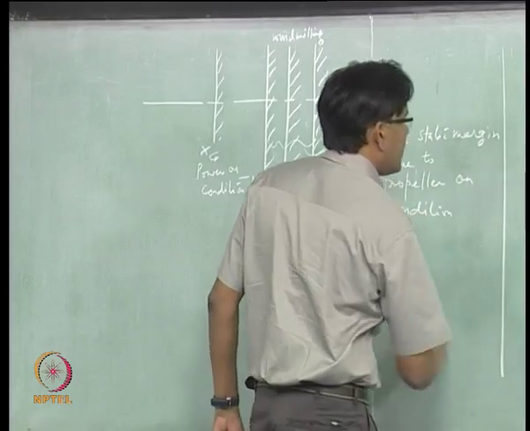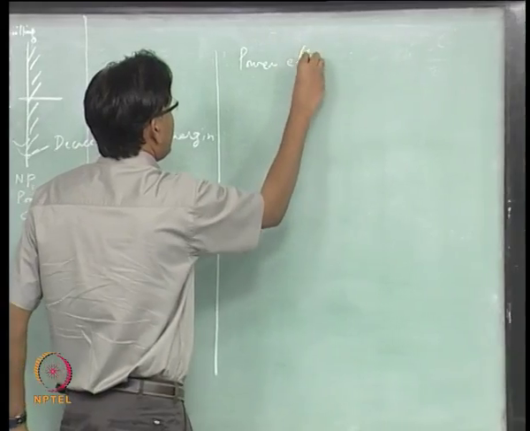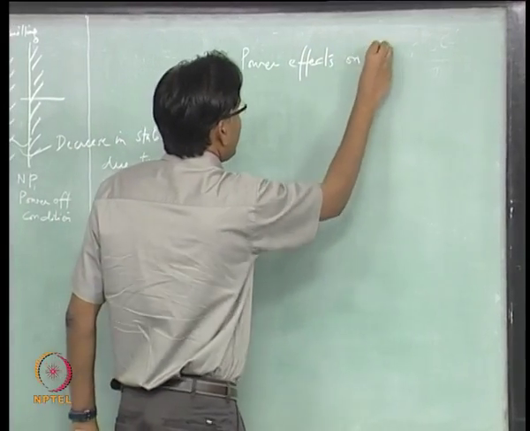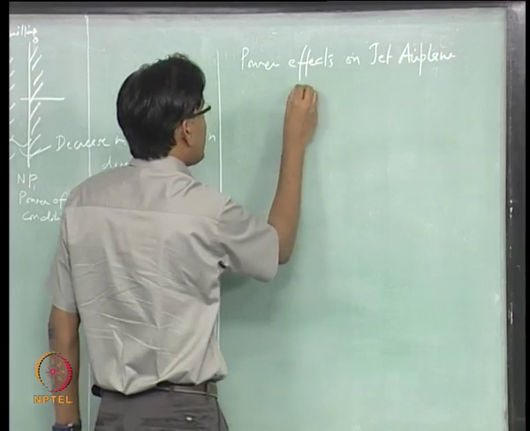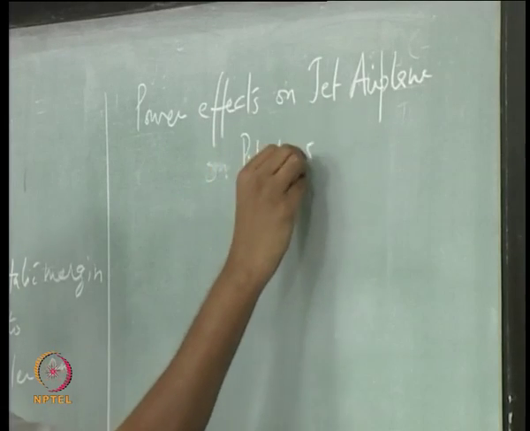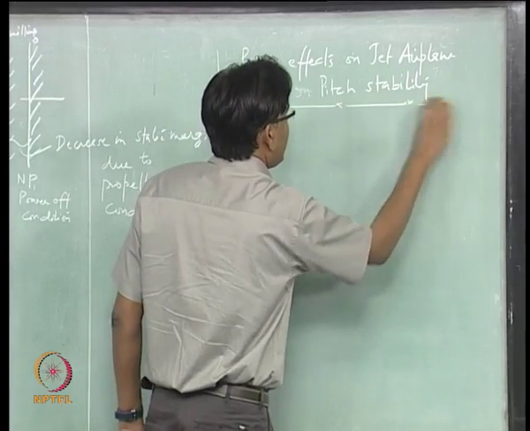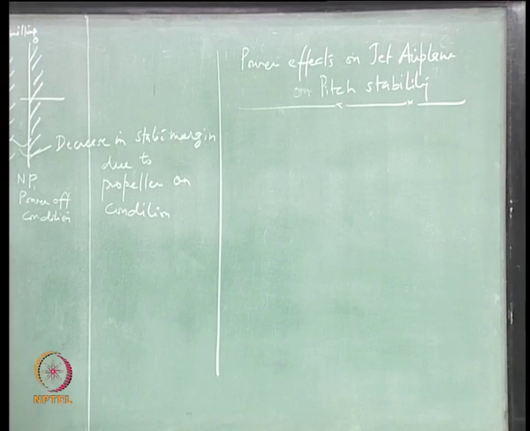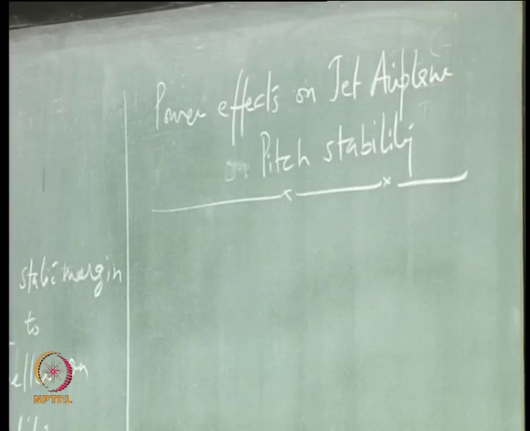Now, let us look at the effect. Main effect because of the propeller was due to the flow field which gets affected, right, behind the propeller due to propeller slipstream, isn't it.